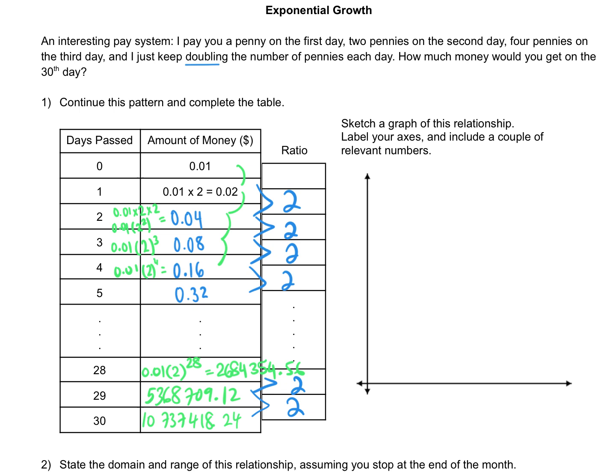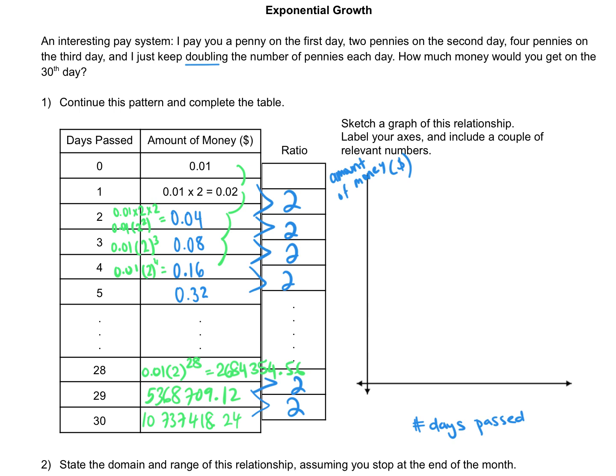But now I'm going to start my sketch. So on the x-axis, we have number of days passed. And on the y-axis, I have amount of money in dollars. Now I'm not going to sit here plotting each point, because plotting 0.01, 0.02 is going to be quite hard on a scale that needs to reach the millions.